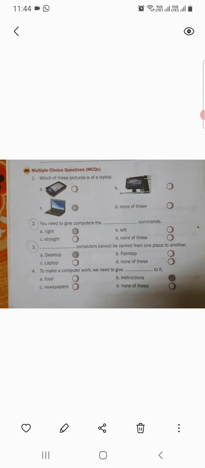Instructions. That means option B. To make a computer work, we need to give instructions to it. So dot the circle of option B, instructions.